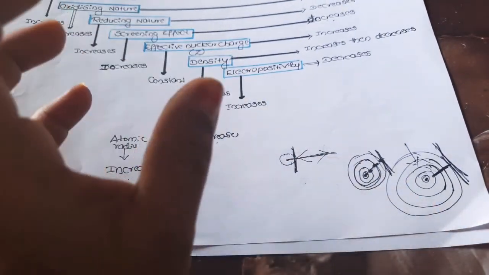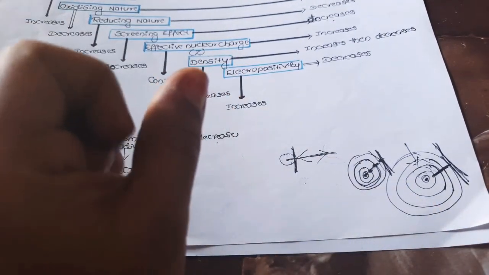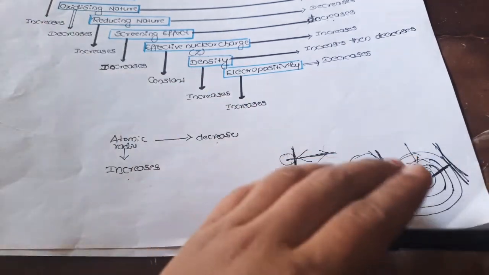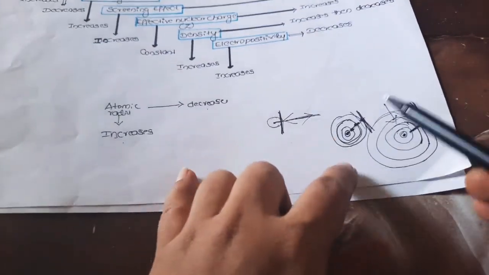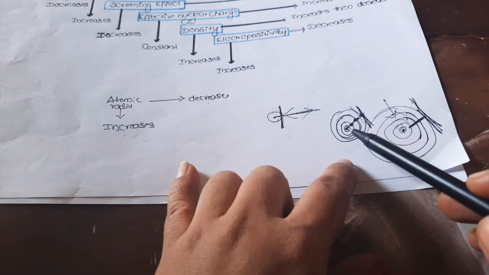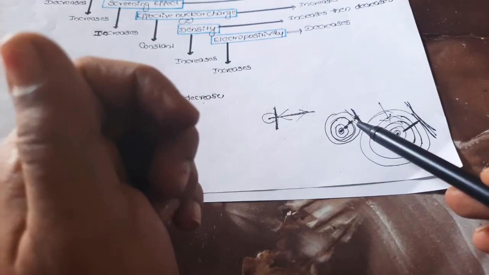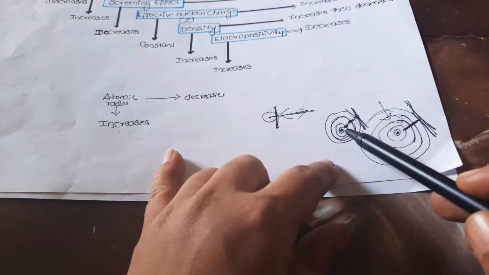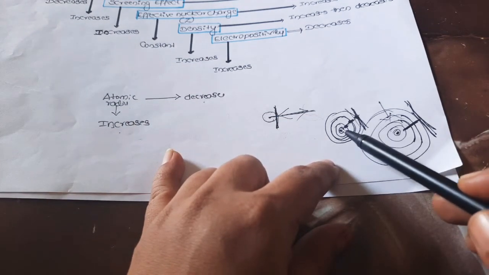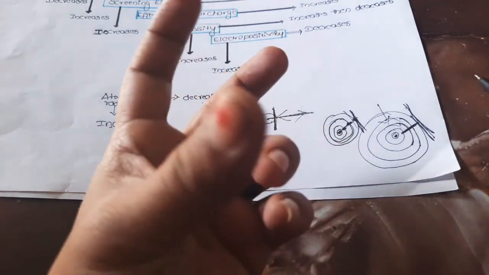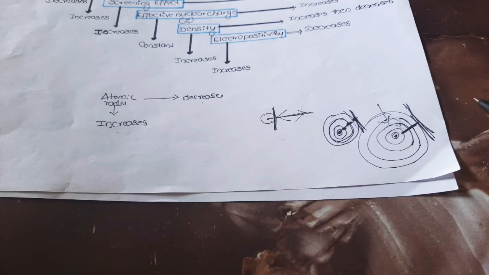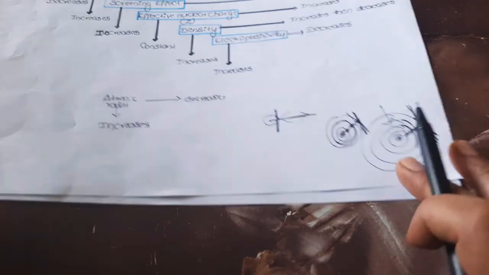In simple words, what does the nucleus consist of? Protons and neutrons. So how much this positively charged nucleus will attract the electron towards itself, and strongly hold the electron towards itself, that is the Z effective. Quite simple, dear students.